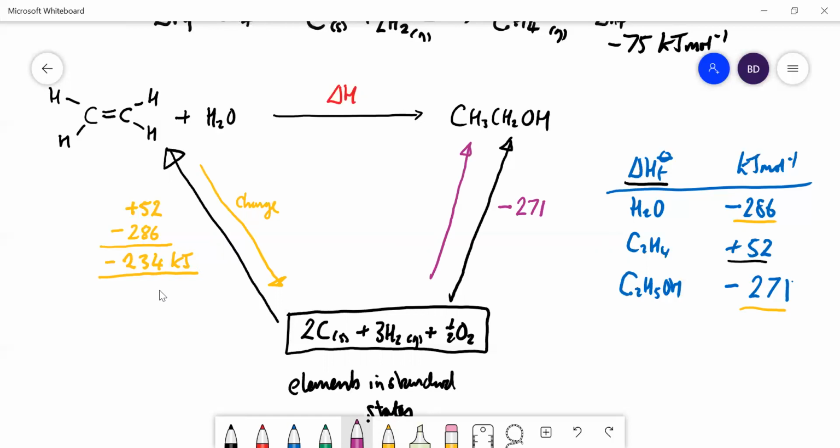So we write down delta H, the red delta H we're trying to find out, is equal to plus 234. We're having to change the sign there. Stick with the sign, minus 271. So that is going to be negative, slightly exothermic, that reaction.